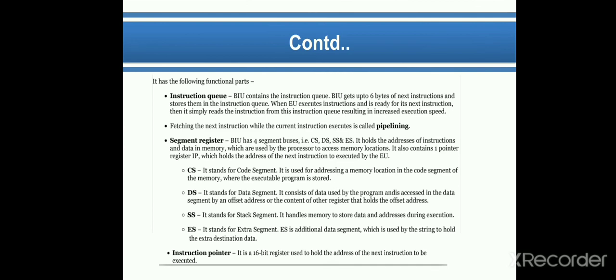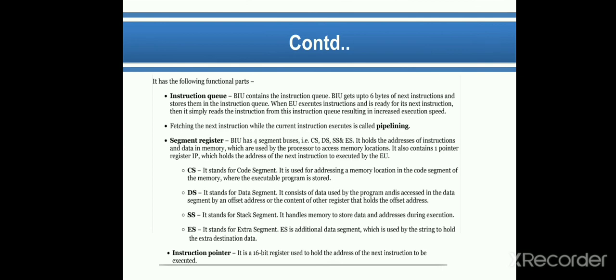Then DS means data segment. It consists of data used by the program, and it is accessed in the data segment by an offset address or the content of another register that holds the offset address. After that, the stack segment.